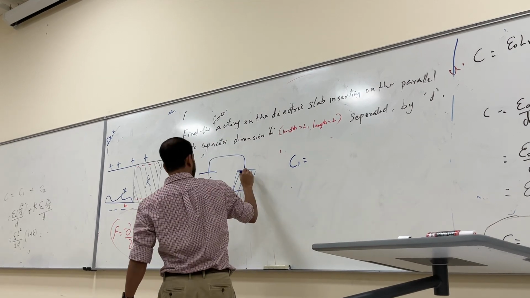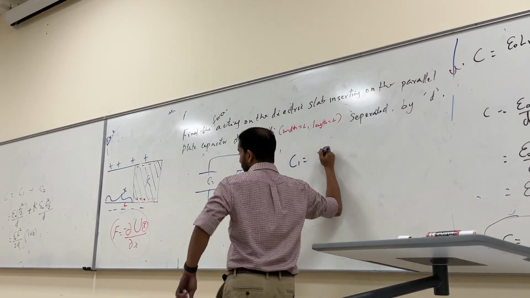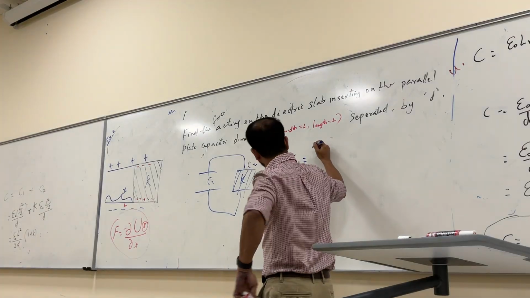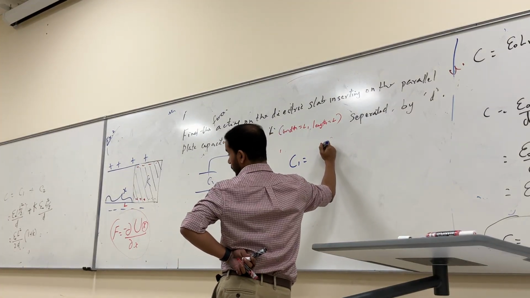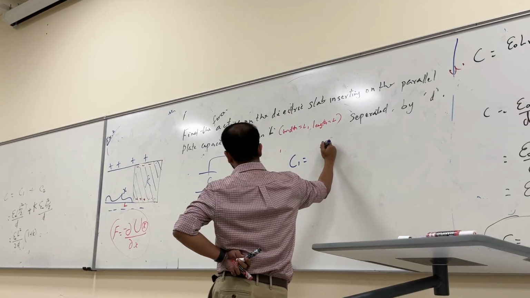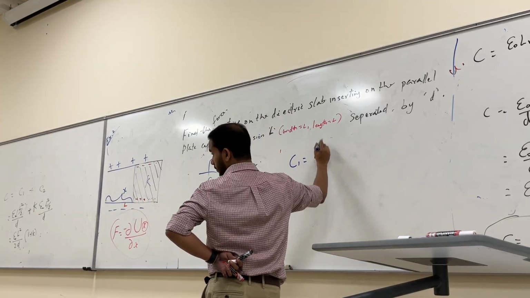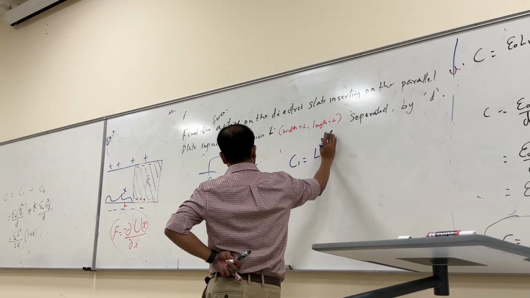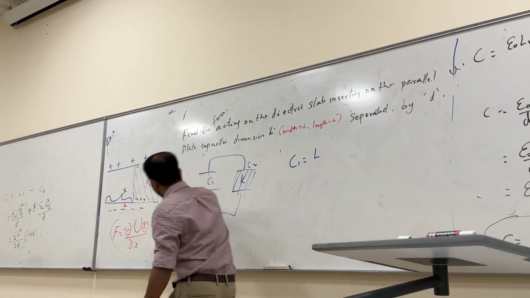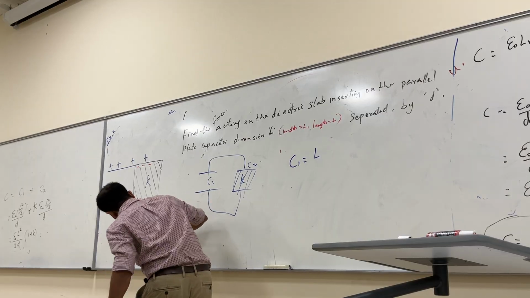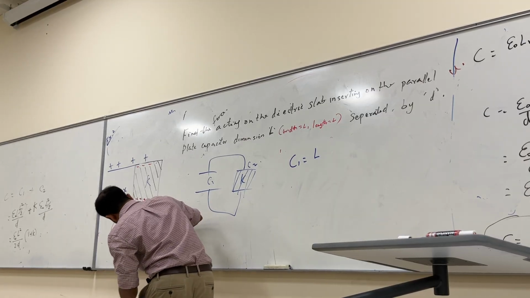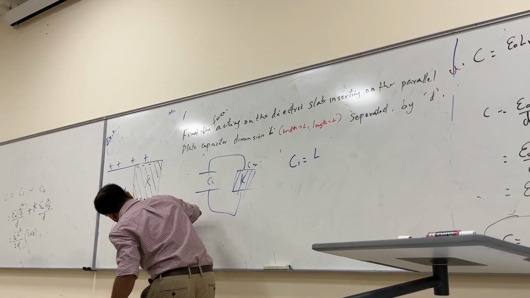So let's say C1 and C2. What is the area of C1? It's not L squared by 2. The length is x, and the width is L. So you have the plates like this, and I just insert something partway through it.